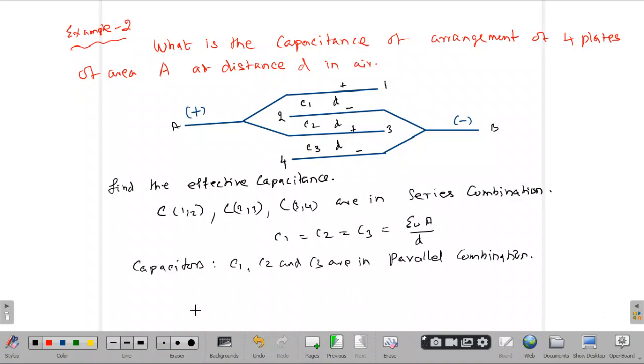Therefore, the effective capacitance is just the algebraic sum, C1 plus C2 plus C3. All three are equal to epsilon naught A by D, so the effective capacitance is 3 times epsilon naught A by D.